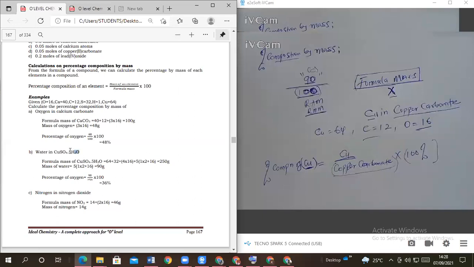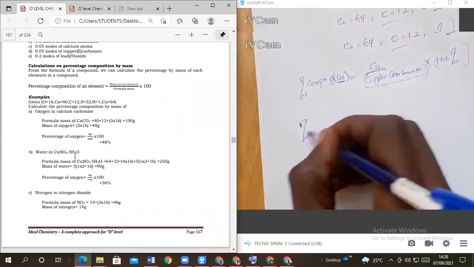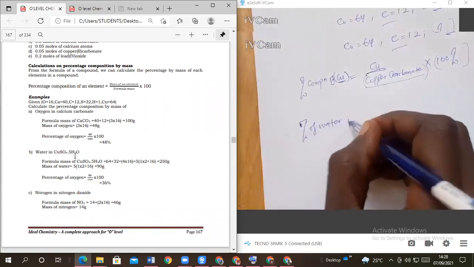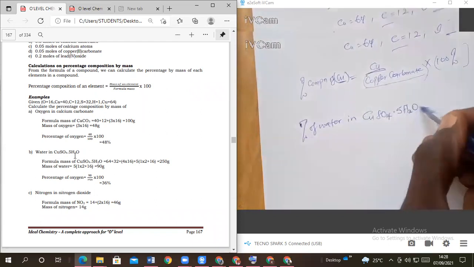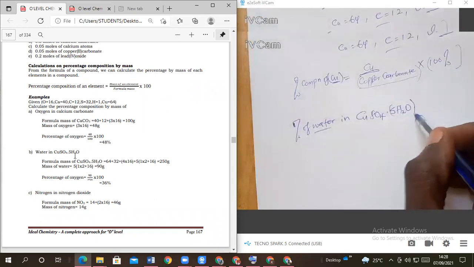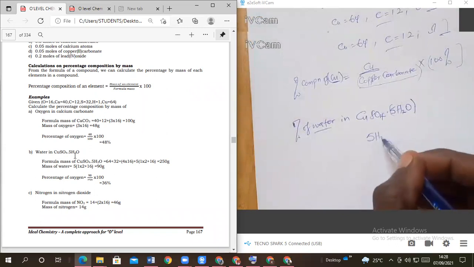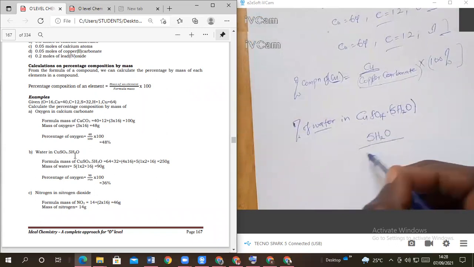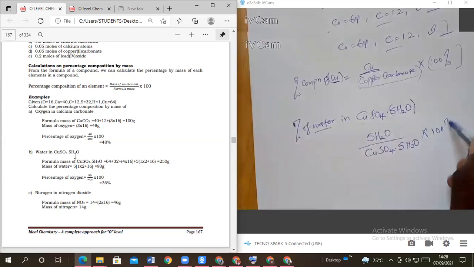So let me take this B part. They want the percentage of water in copper sulfate 5 water. Now here we are going to get the percentage of water. Water alone is this. So the mass of the element is going to be 5 water out of the mass of the whole compound, which is CuSO4.5H2O, times 100.